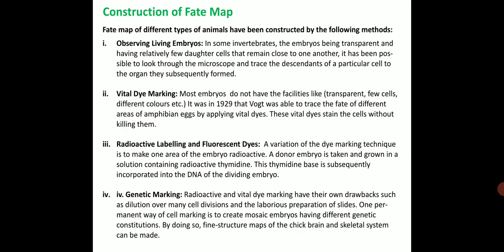By doing so, the fine structure or map of the chick brain and skeletal system can be made. So these are the different methods used in different types of animals based on their embryos: observing the living embryos, applying vital dye marking, radioactive labeling and fluorescent dye, and also genetic marking.